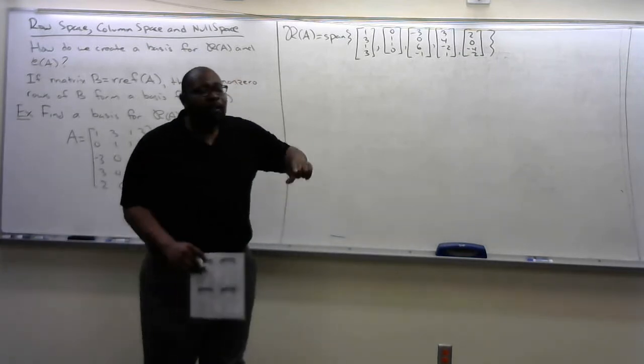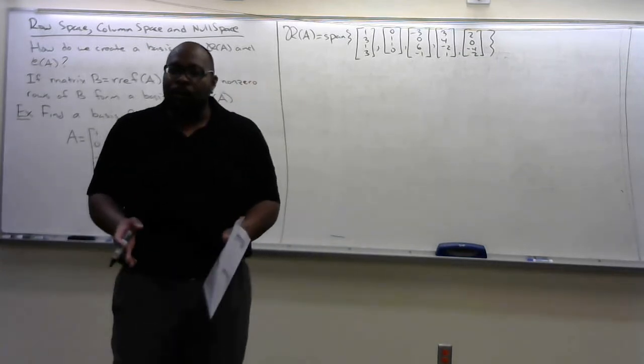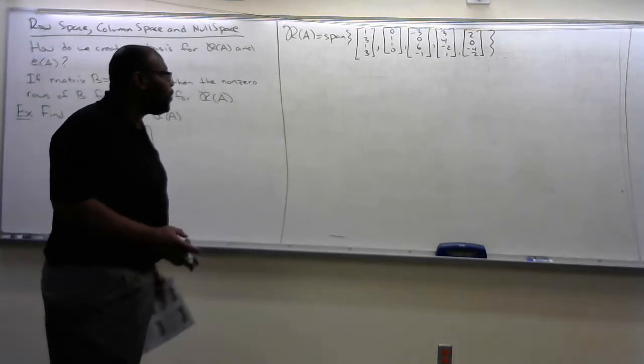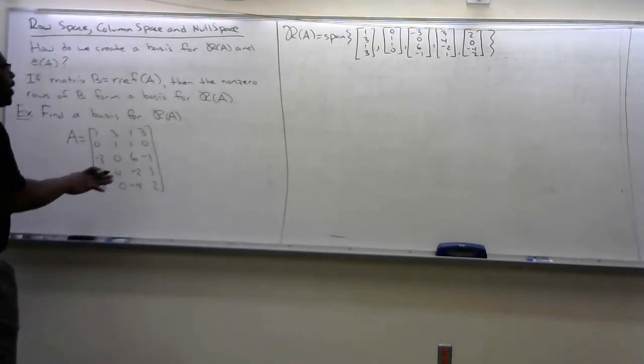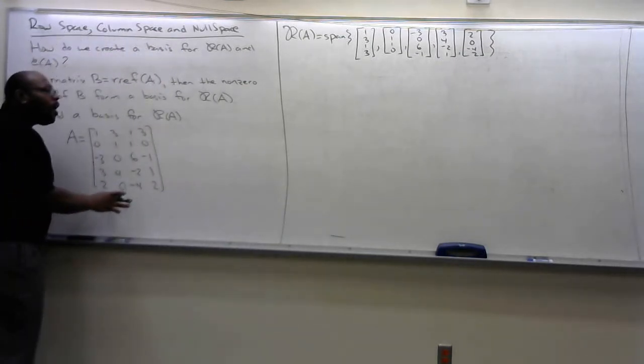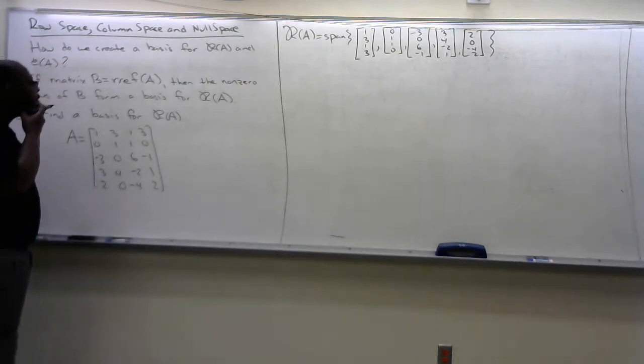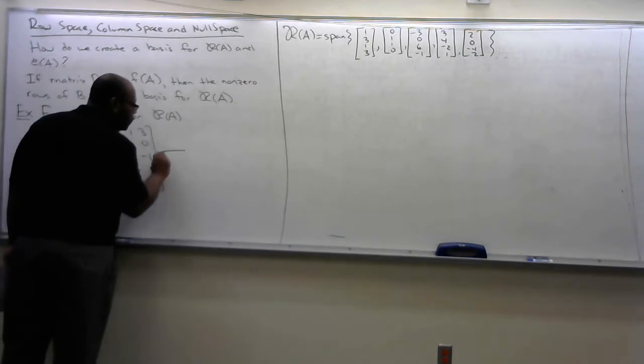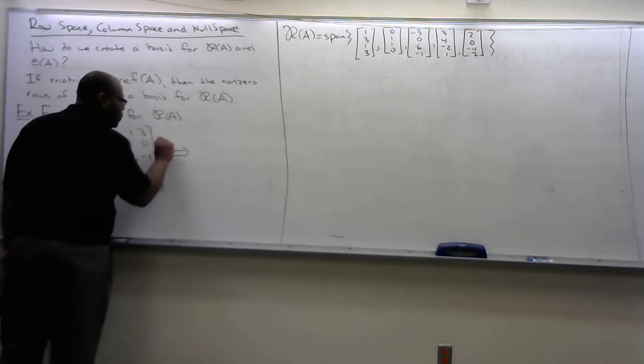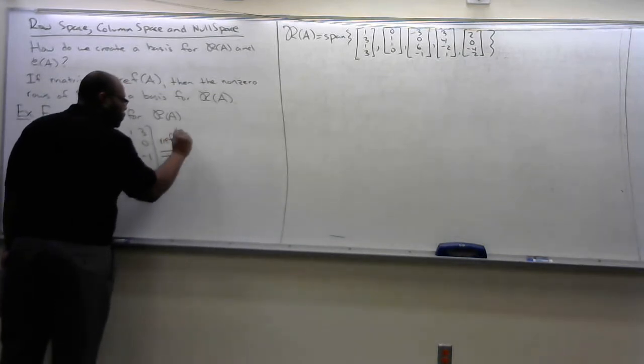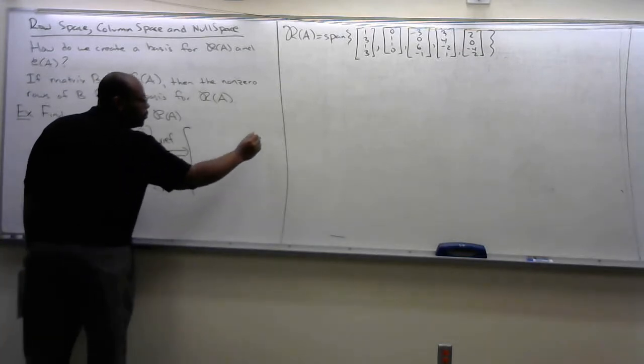So I want to figure out what in the world this geometric object is. I'm going to take the reduced row echelon form of A to figure out how many basis vectors I really have. So let's do that. The reduced row echelon form of A, put it over here.